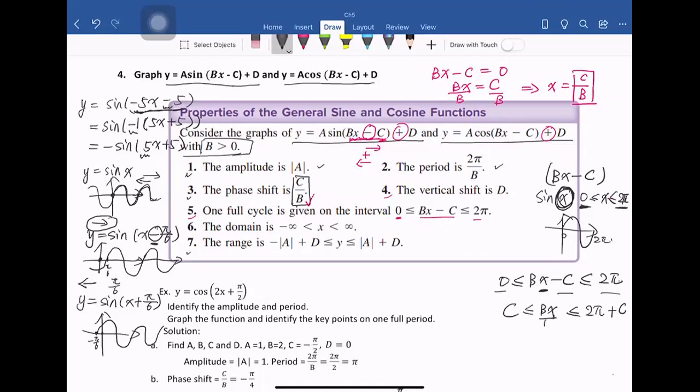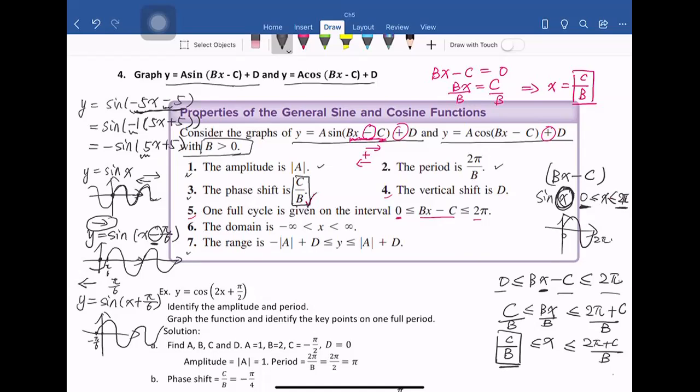And divide all of these expressions by b. So x is greater than or equal to c over b, less than or equal to 2 pi plus c over b. That means the starting point for this function is the phase shift, that is c over b.